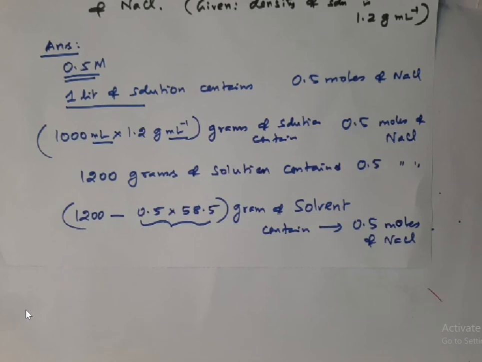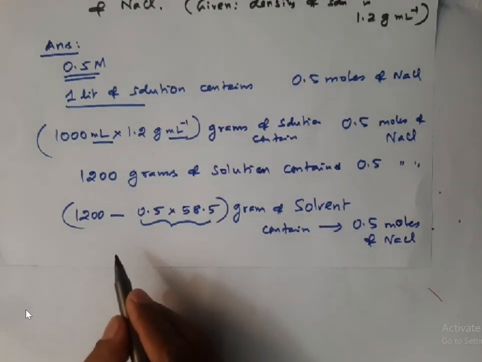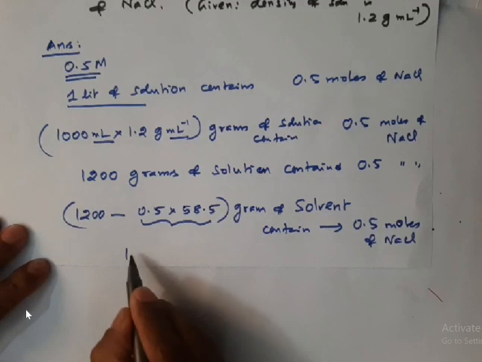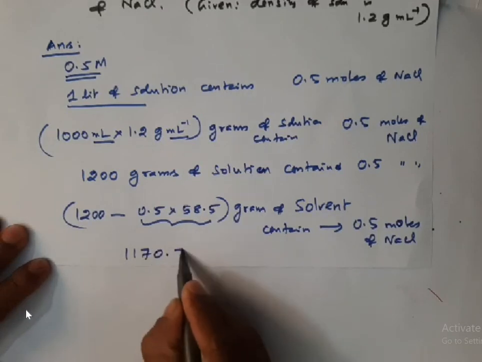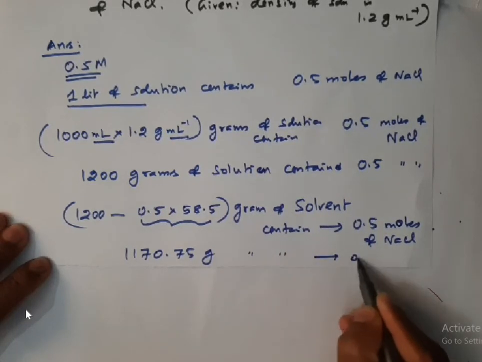Let me do it. 1200 minus 0.5 into 58.5. Yeah, I'm getting an answer, 1170.75 grams of solvent contains this many moles.